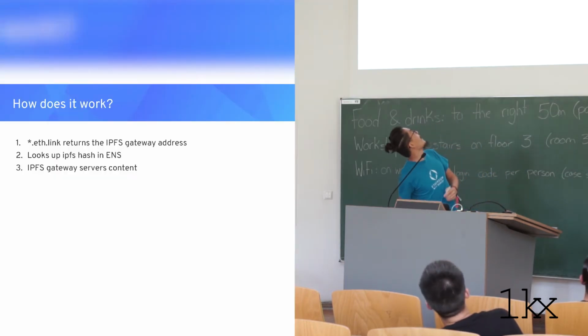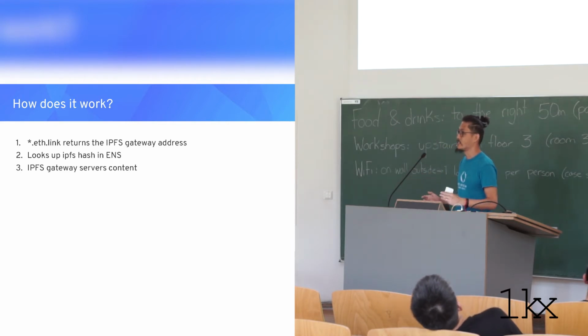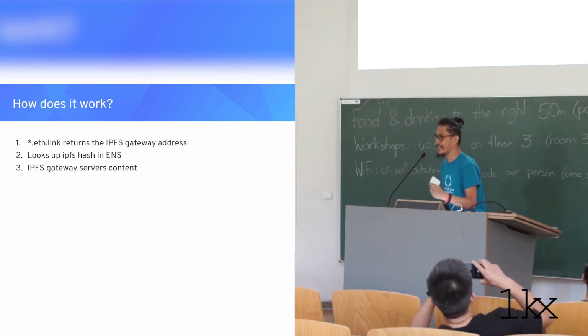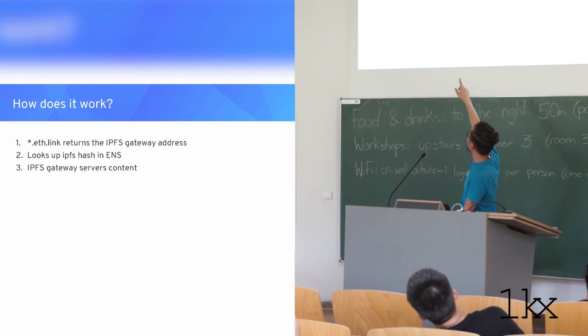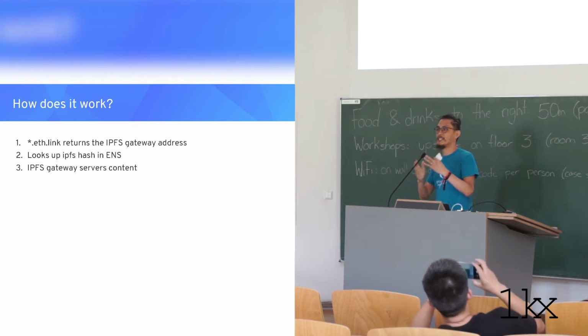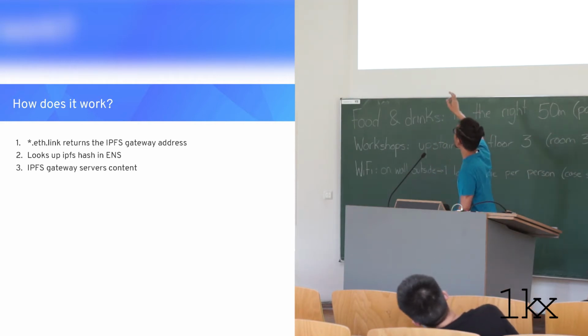As I said, if you set content hash into your lovely ENS, you're automatically going to have matoken.s.link. The reason it has s.link is that the .eth domain actually belongs to Ethiopia, so you can't get it. So we just got s.link.